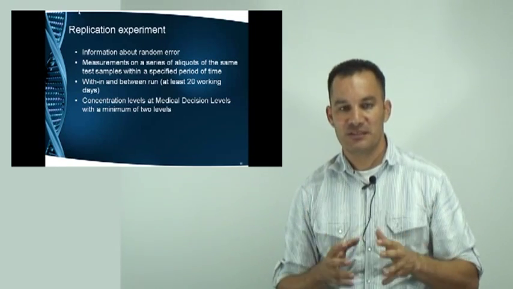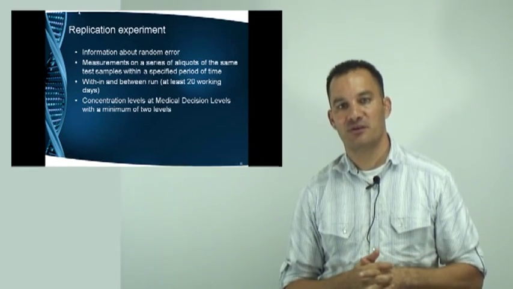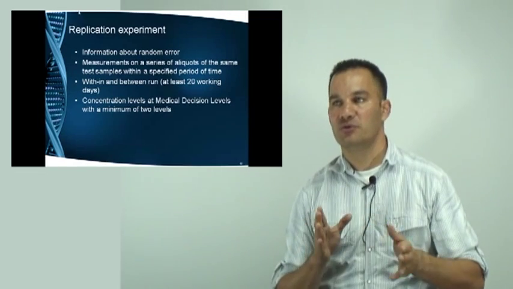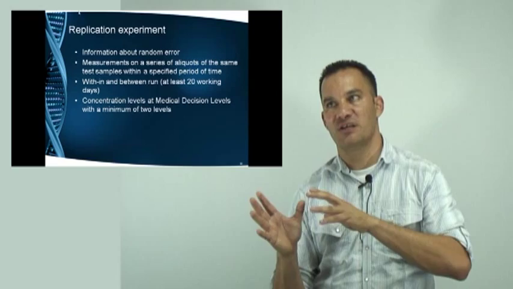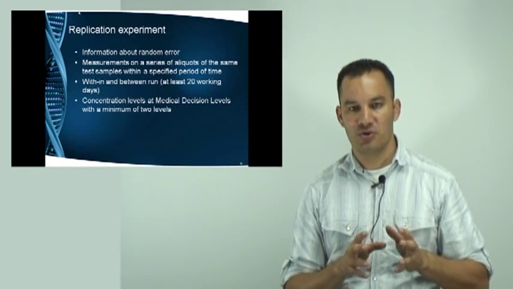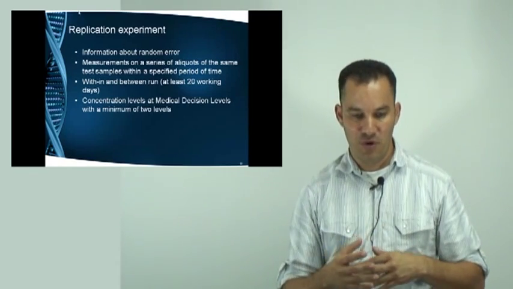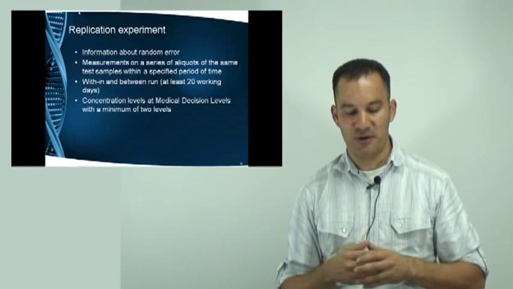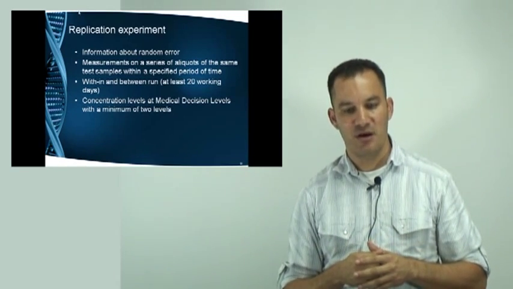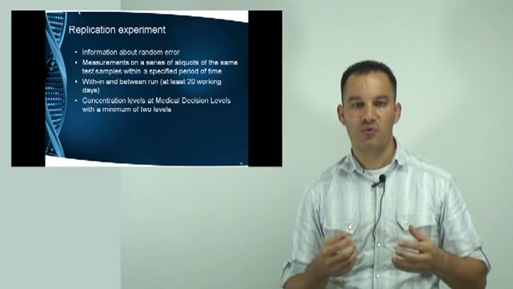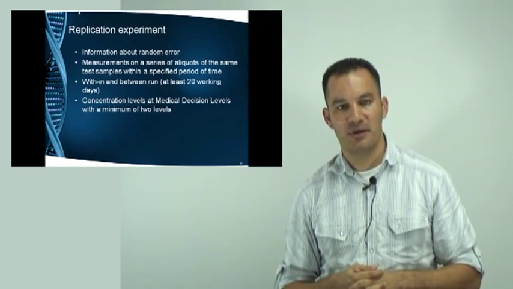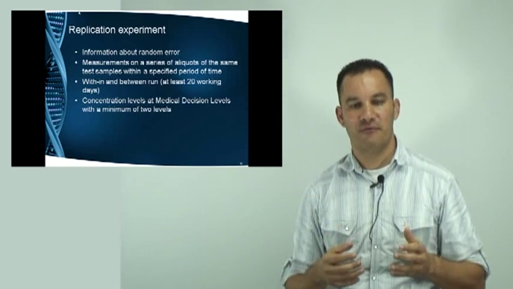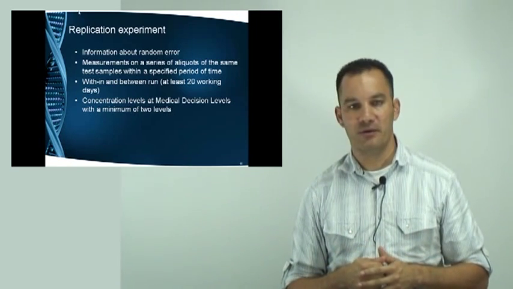Potassium, which has a medical decision level of about 2.5, 3 millimoles per liter, or around 6. So those are concentrations that you have to use in your experiments. It's not interesting from a quality point of view to perform replication experiments using a potassium level of 9 or something.